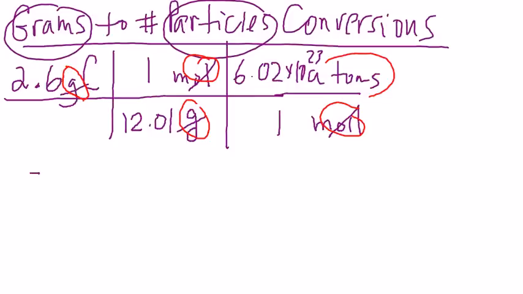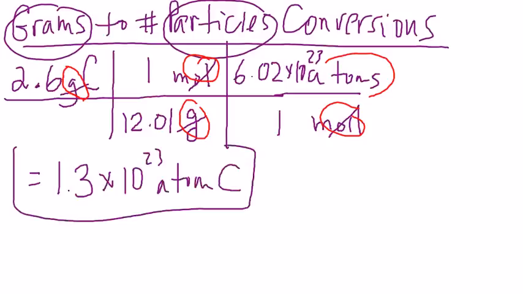So when I plug this into my calculator, I'd be sure to divide by 12.01. 2.6 divided by the molar mass of carbon, 12.01, and then I multiply by 6.02 times 10 to the 23rd because that's on top. My final answer is 1.3 times 10 to the 23rd atoms of carbon.